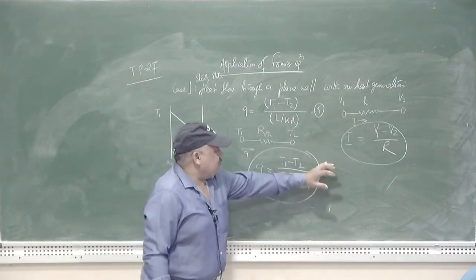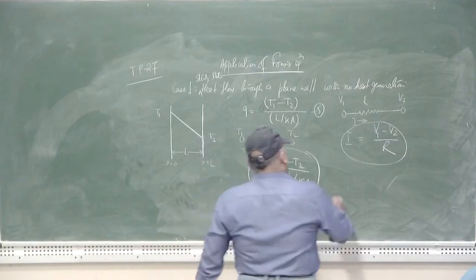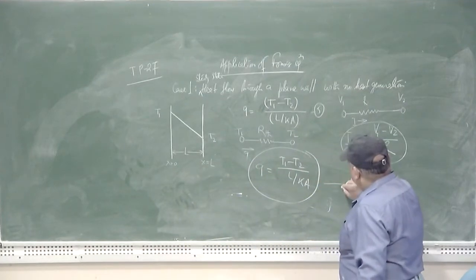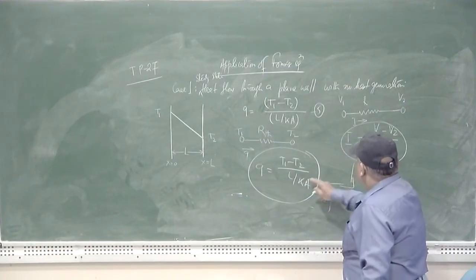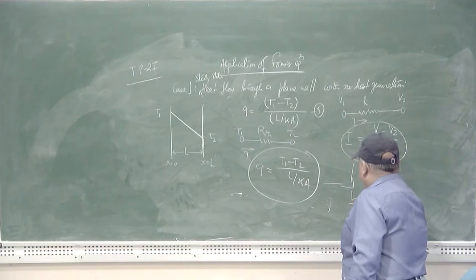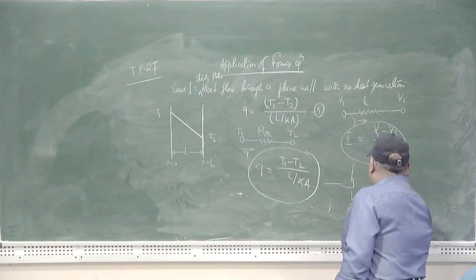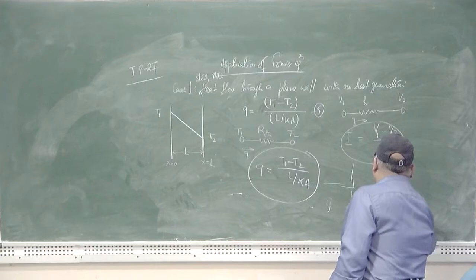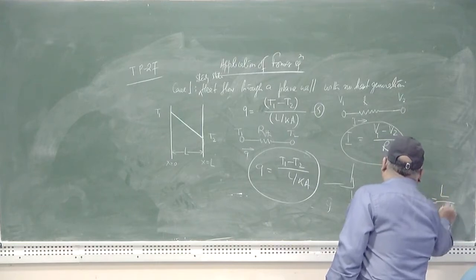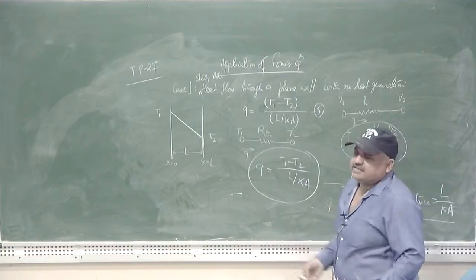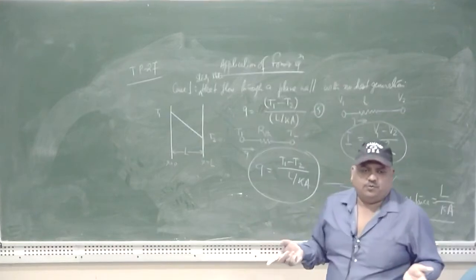So if you compare these two equations, then you will arrive at the fact that the L by Ka is nothing but, this is called the thermal resistance, and that should be equal to L upon Ka. This is the case in the case of the conductive heat flow.